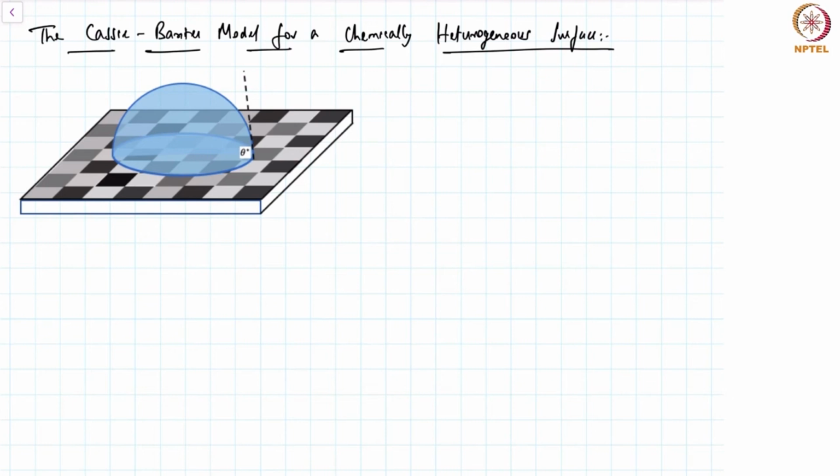Each of these checkered board pattern areas that I'm showing here have different surface energies. This implies gamma S, let's call it gamma Si, and gamma SL.